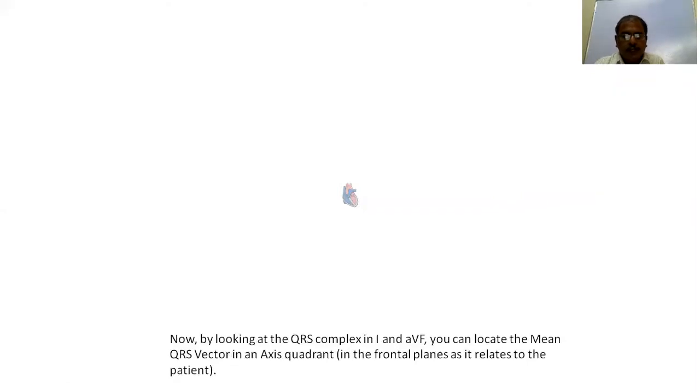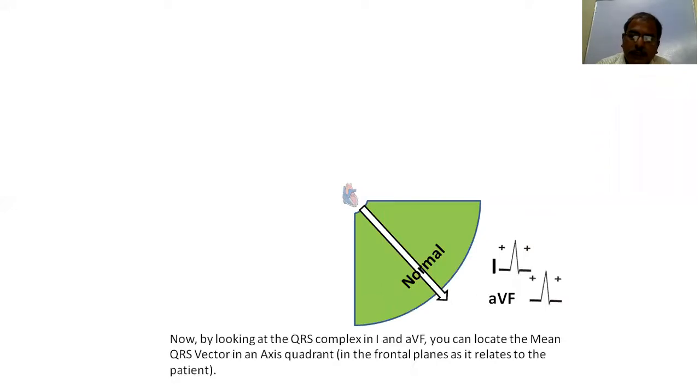Now, by looking at the QRS complex in lead 1 and AVF, we can locate the mean QRS vector in an axis quadrant. So let us think of this as the heart. If QRS in lead 1 is positive and QRS in AVF is positive, then the mean vector will be in the patient's left lower quadrant.